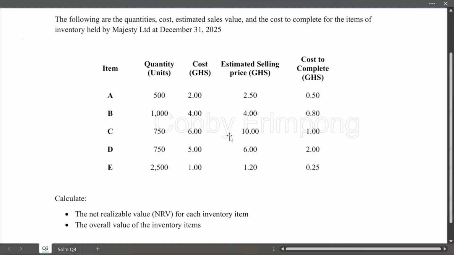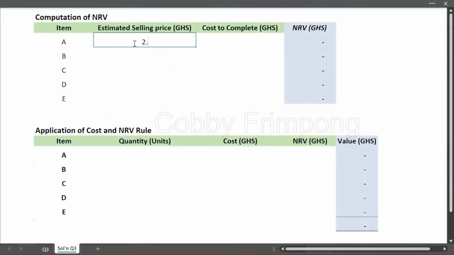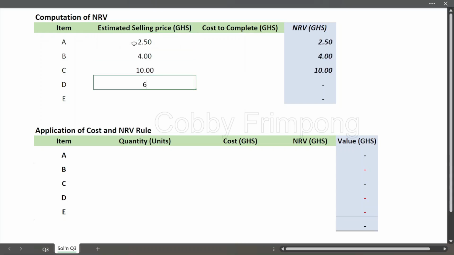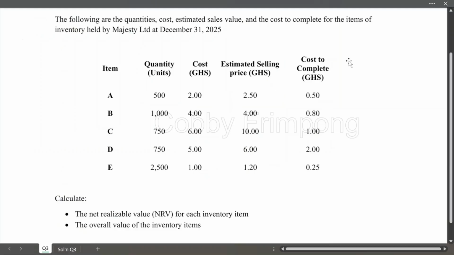The estimated selling prices for items A to E are 2.5, 4, 10, 6, and 1.2 Ghana cedis respectively. Let's list them: 2.50, 4, 10, 6, and 1.2. The cost to complete for each inventory item is 0.5, 0.8, 1, 2, and 0.25 respectively.